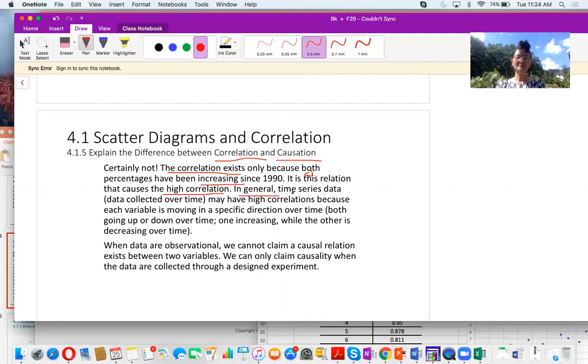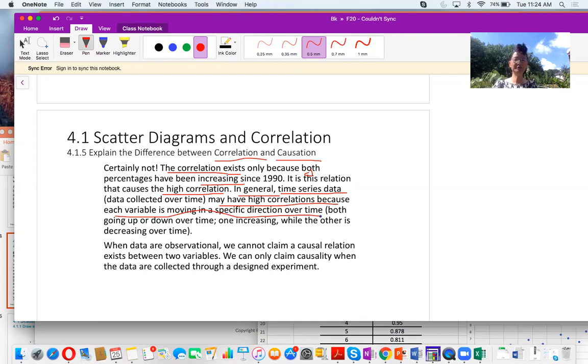In general, those are time series data. Time series data may have higher correlation because each variable is moving in a specific direction over time. This direction could be that two variables move together, up or down together. It could be that one variable is up and the other variable is down.